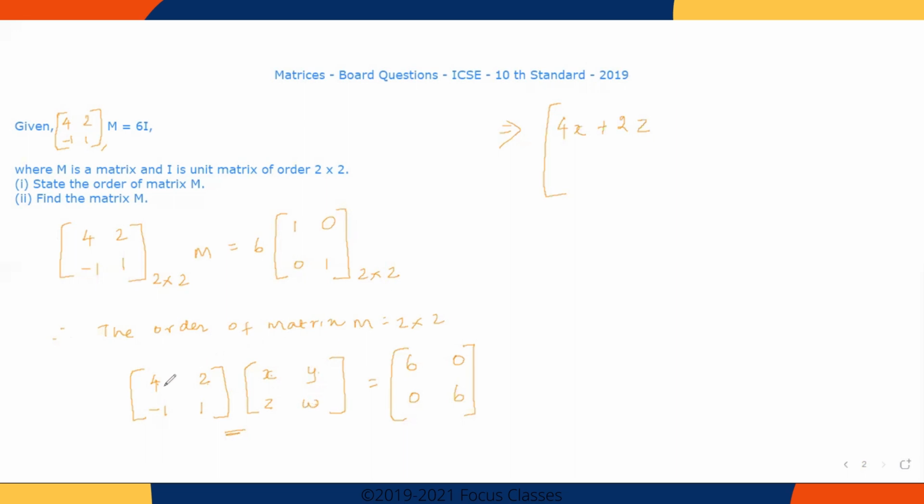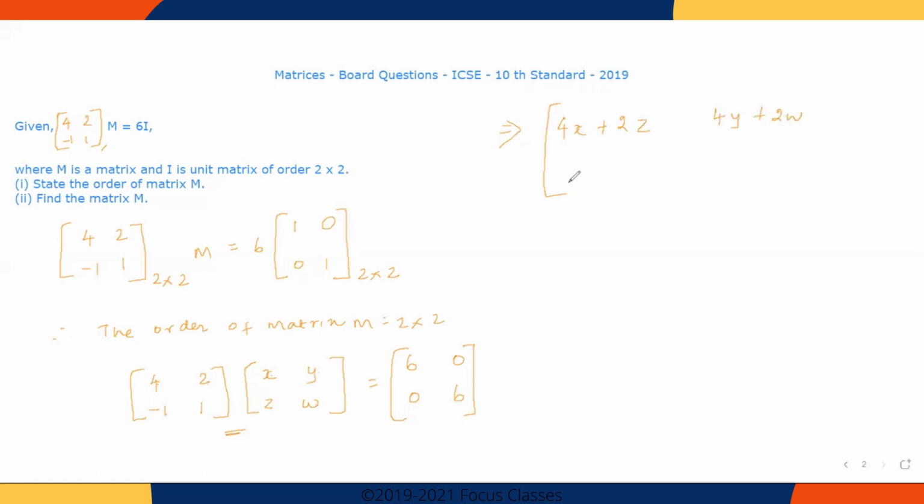So now we completed the first part, 4x plus 2z, and then first row second column, 4y plus 2w.